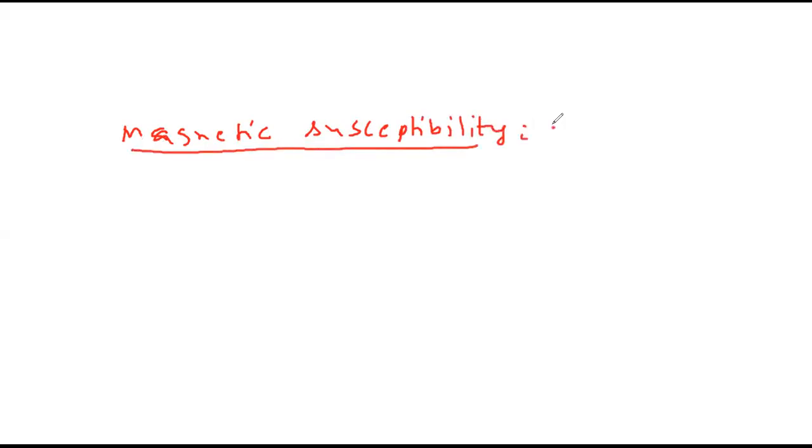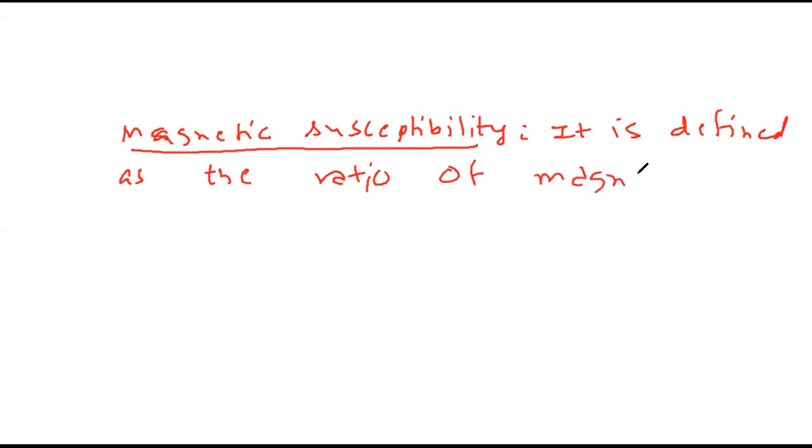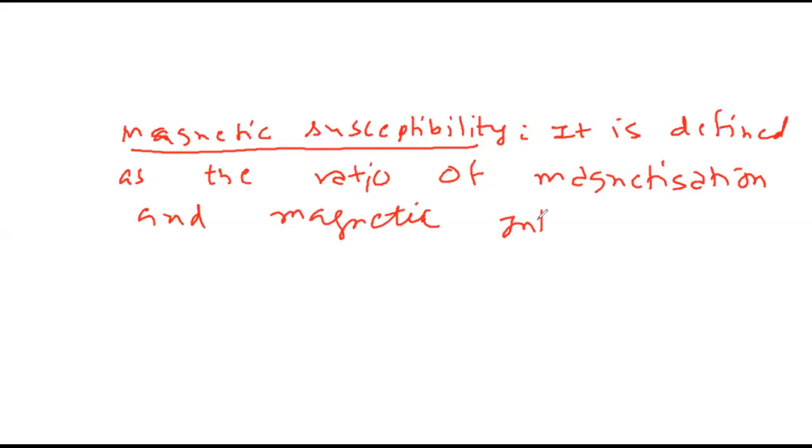Then write magnetic susceptibility. It is defined as the ratio of magnetization and magnetic intensity.